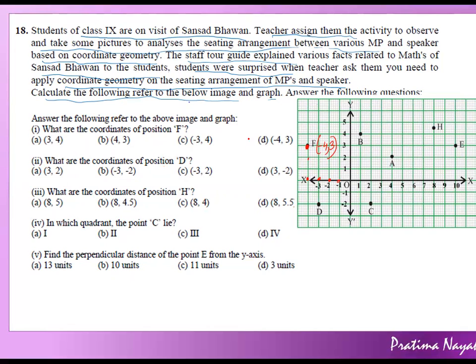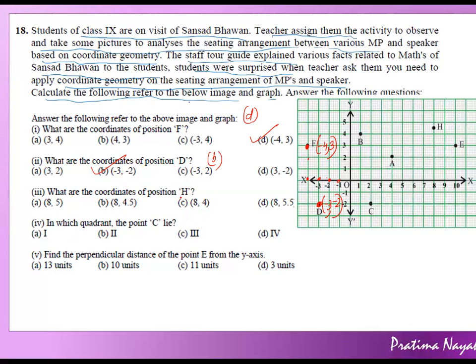So D is the answer for part A. Coming to second part, what is the coordinate of position D? D is here. So it will be minus 1, minus 2, minus 3 and minus 1, minus 2. So this will be minus 3, minus 2. So for second part, B is the answer.